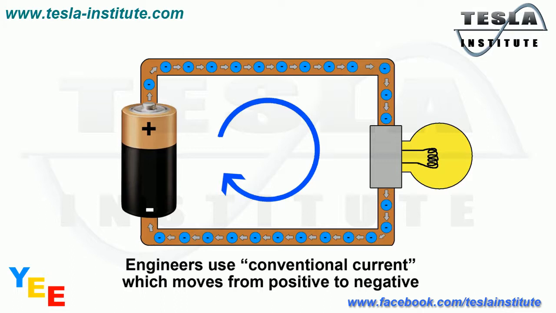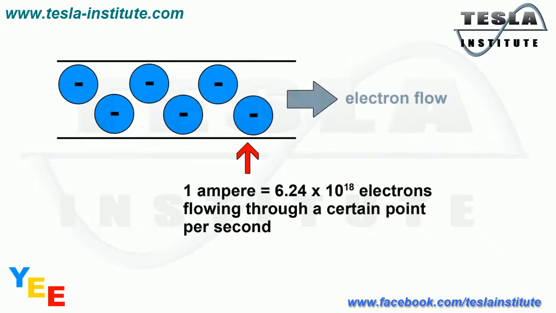The good news is that the formulas are consistent, and whenever we do any math in electrical engineering, we use this system of conventional current, and it works. So you can just pretend that electrons are moving from positive to negative, even though that's backwards to reality. Alright, so amps are easy to understand, it's just the flow of electrons.